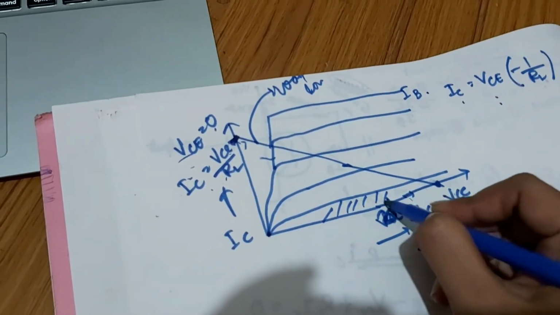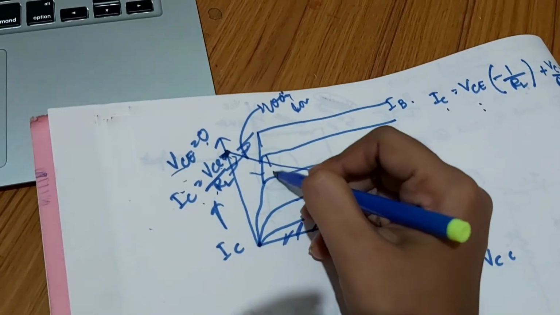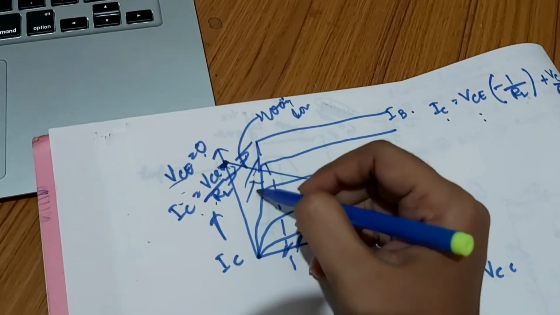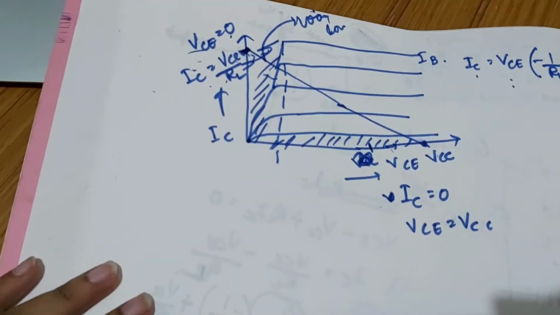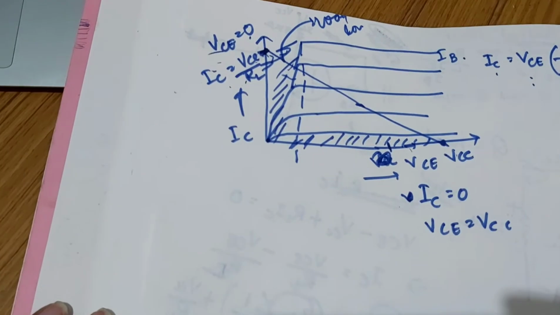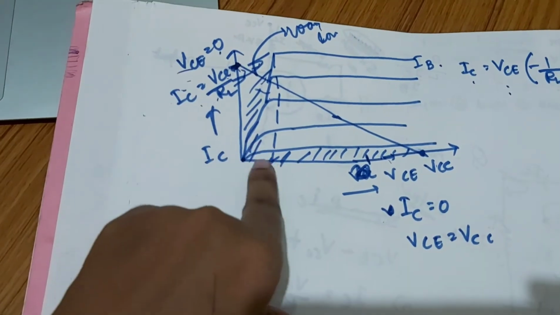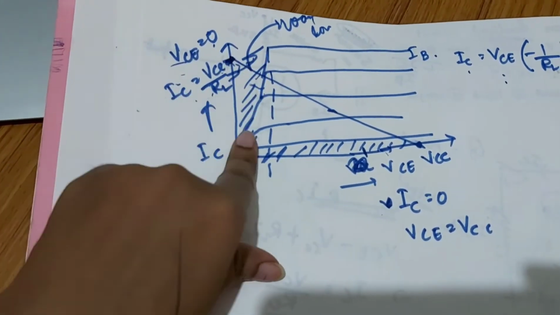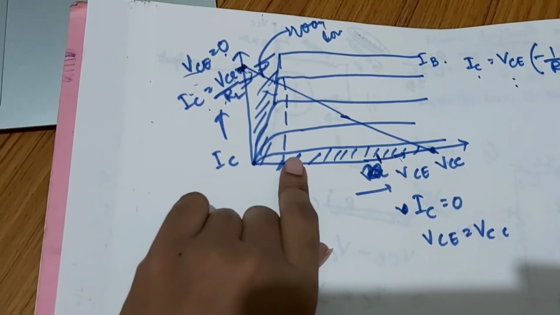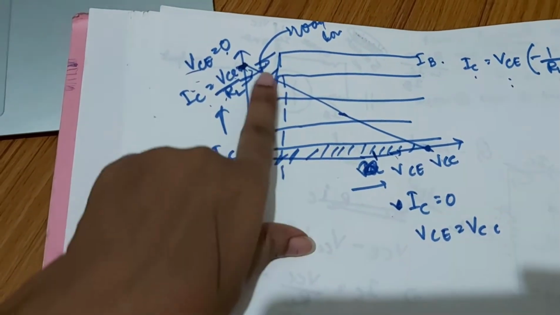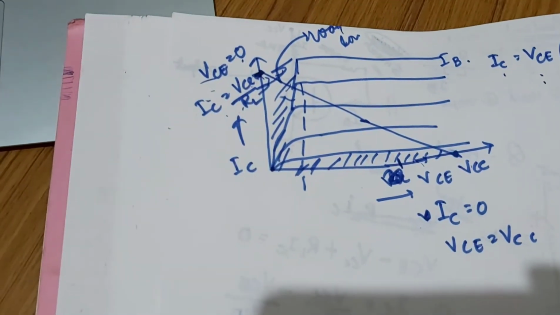For this region the IC will not be constant, and for this region also, if I draw a perpendicular here, I can see the IC is not constant. But we know that for a faithful application, for an accurate value, the IC must be constant. In those regions the transistor is either completely in on state or completely in off state.